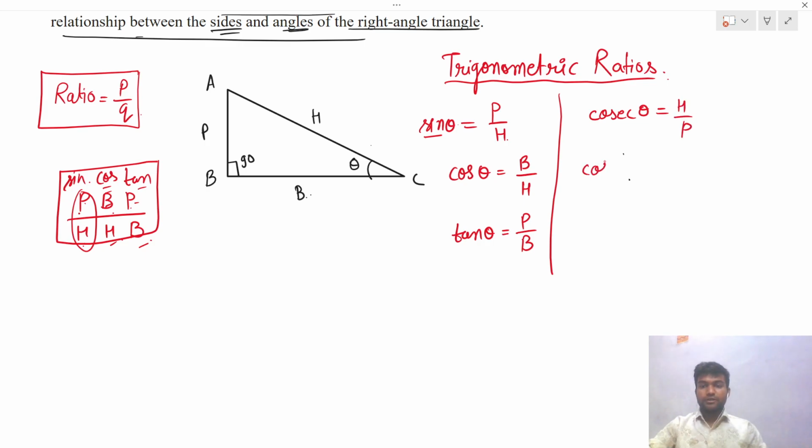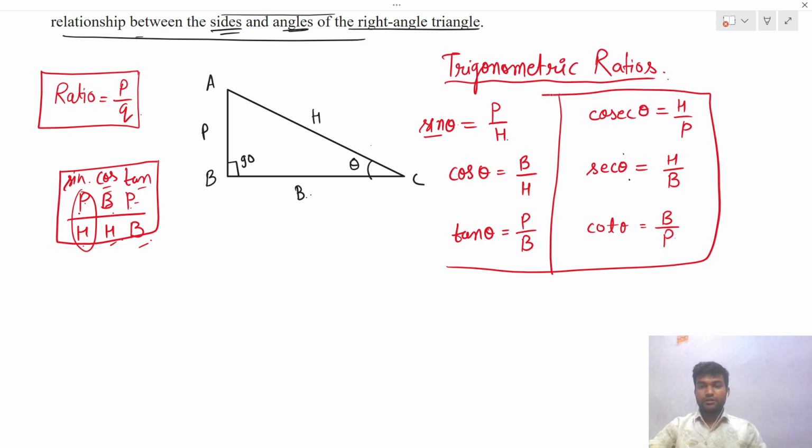So in trigonometry there are all six trigonometric ratios. Cos's reciprocal, sec of theta, is equal to hypotenuse upon base, and tan theta's reciprocal is called cot of theta, which is base upon perpendicular. These are the six ratios of trigonometry.